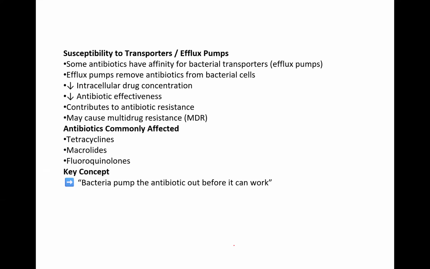That's right. Yes. A highly protein bound drug has a longer duration of action because it stays in the blood for a longer period of time. Their half-life will be high and the duration of action will also be high.